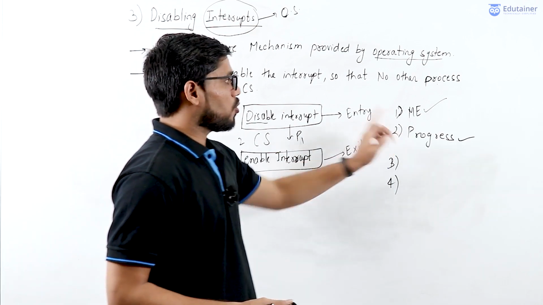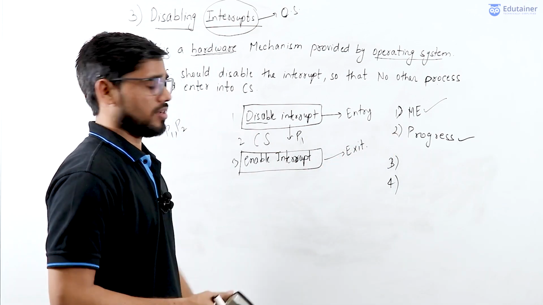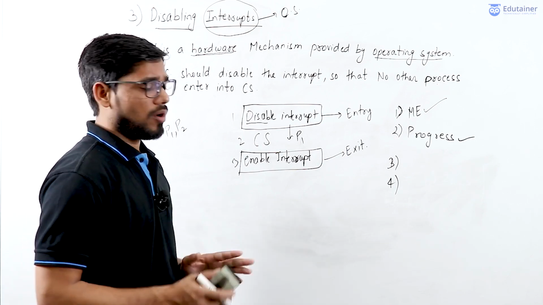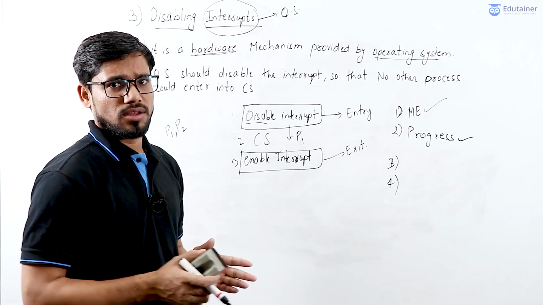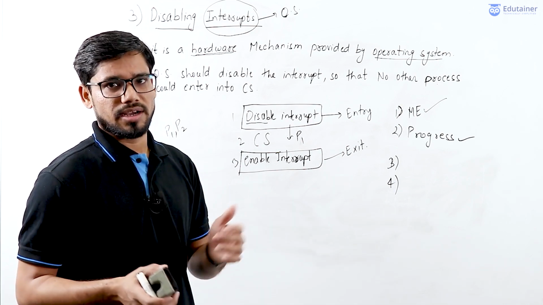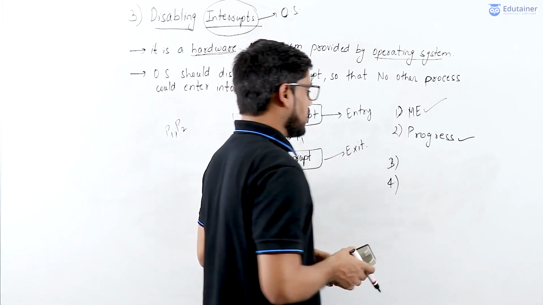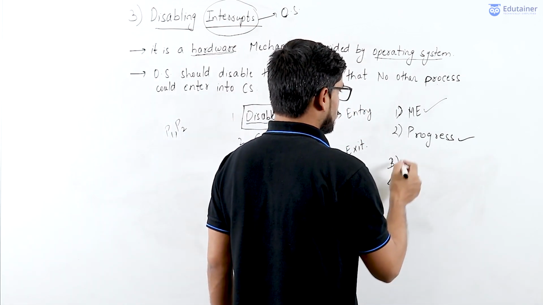That's why progress is definitely provided. Why? Because the operating system is involved in that synchronization mechanism, and the operating system should give a fair chance to any other process to enter the critical section. So that's why progress is definitely provided by the operating system here.